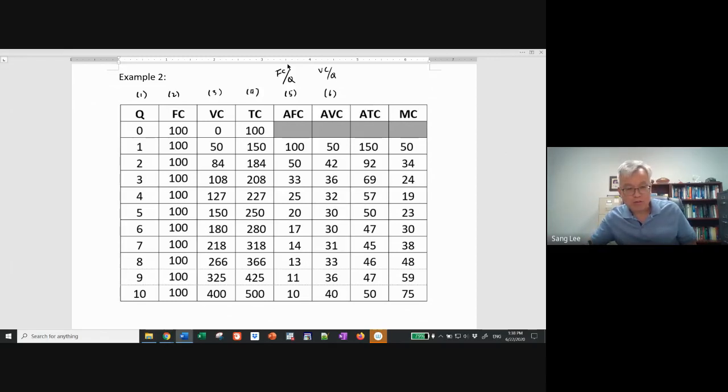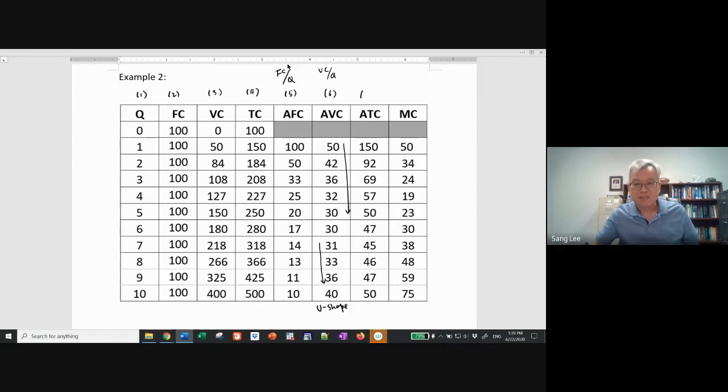When you produce 1 unit through 6 units, average variable cost is decreasing. However, beyond 6 units, as you produce more output, average variable cost starts rising again. So we can confirm here, average variable cost curve has a U shape.